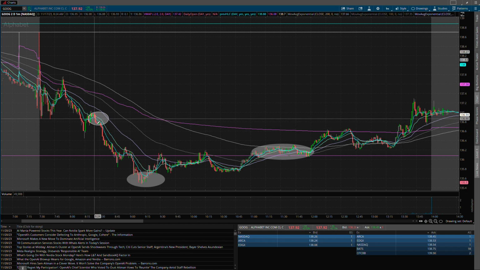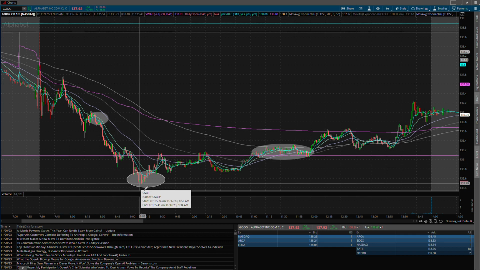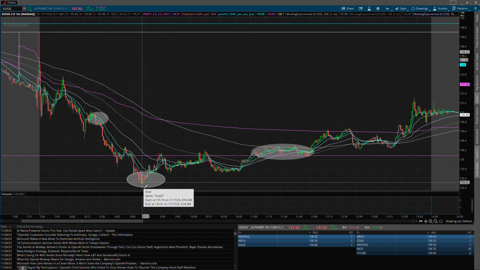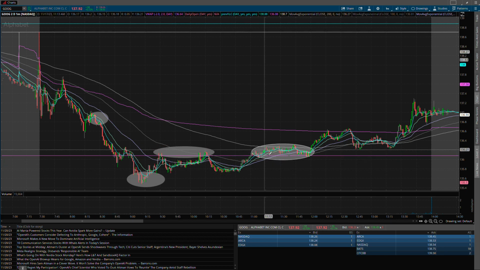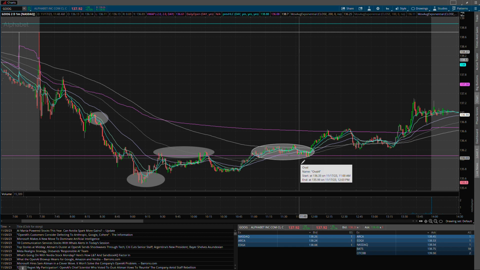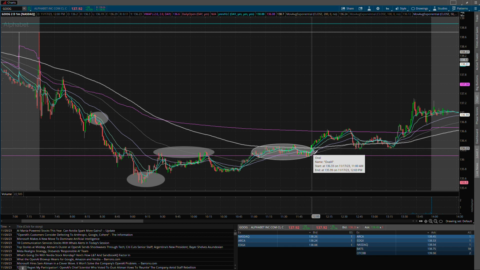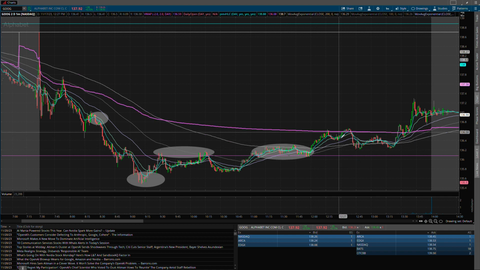And then this will be a continuation. And then this will be a major trend reversal to this point here, over here. And then this would latch onto being a range bound situation. And this would be breaking out, and that would be considered a breakout trade. And I would be exiting at this point here.